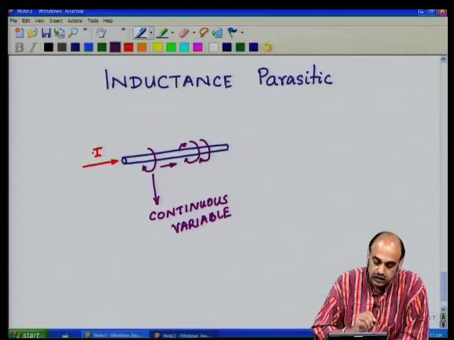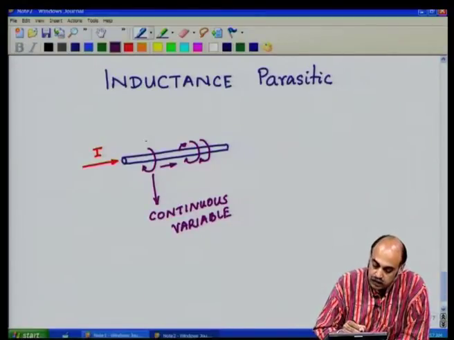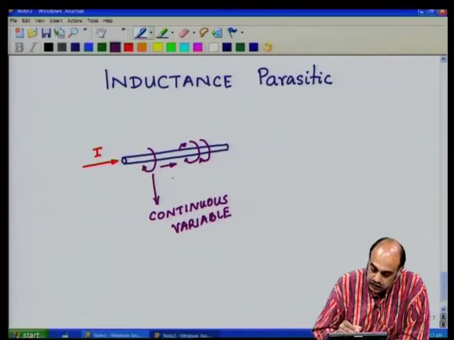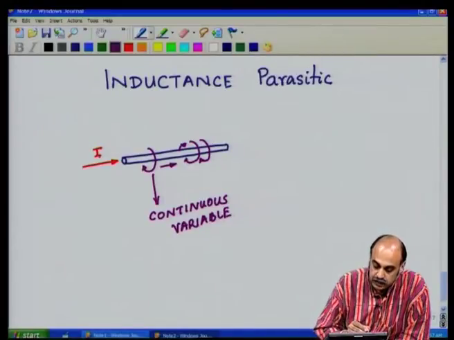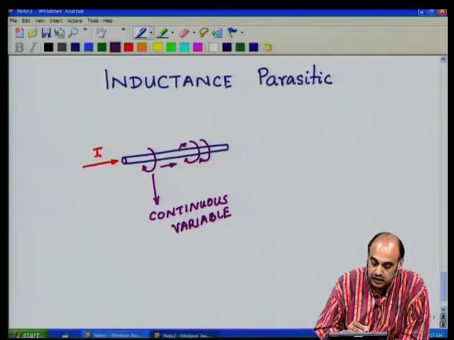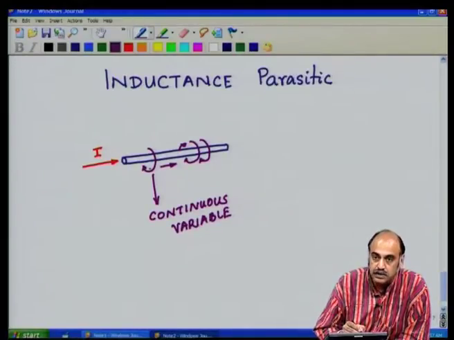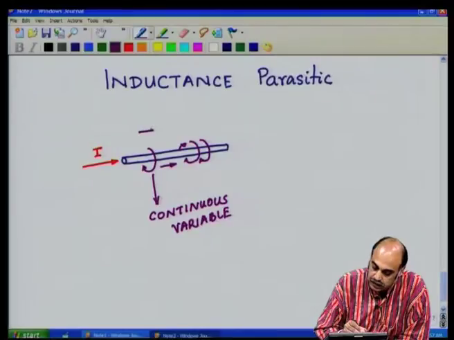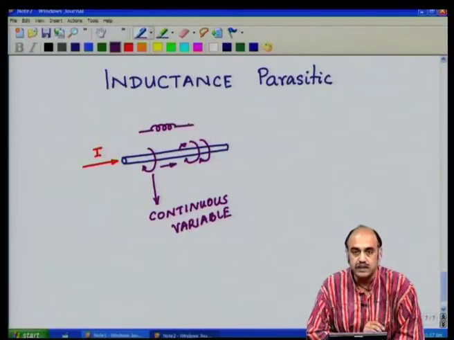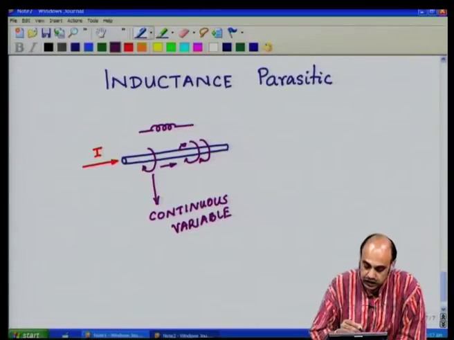The dynamics of the current is limited because of this particular effect, because if the current were to change value immediately, that would mean an immediate change in the flux, which nature does not permit. Therefore, current will not change immediately, and that effect is called the inductance effect, and that is what we represent by these inductors.